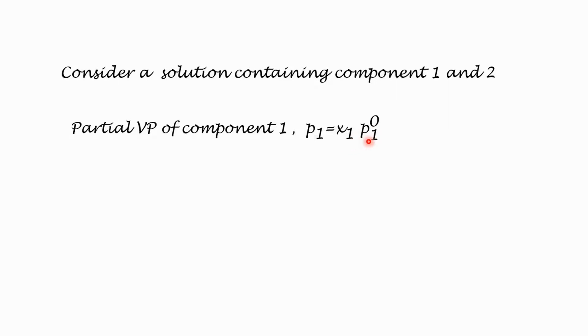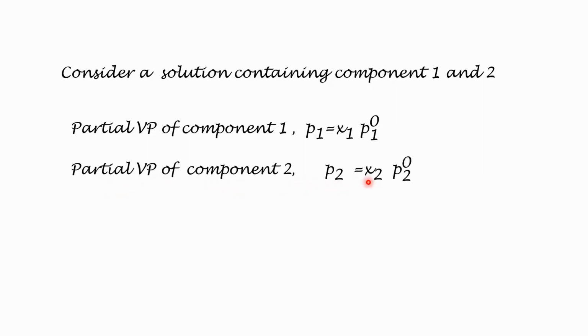P01 is the vapor pressure of pure component 1. Then the partial vapor pressure of component 2 will be equal to X2 into P02. X2 is the mole fraction of the second component. P02 is the vapor pressure of pure component 2.